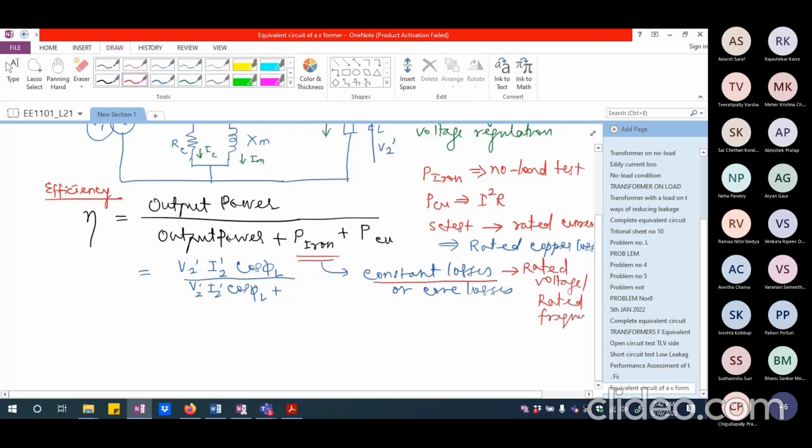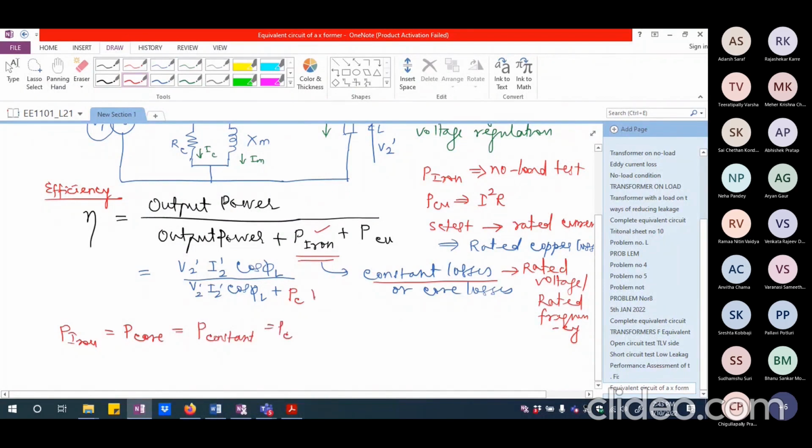So this will not change. I will call this PC, which is constant or core loss. So P iron is also sometimes referred to as P core or P constant. All of them are generally synonymous.